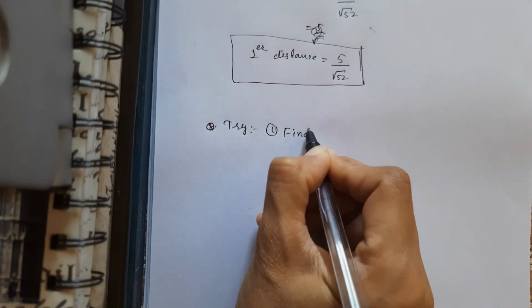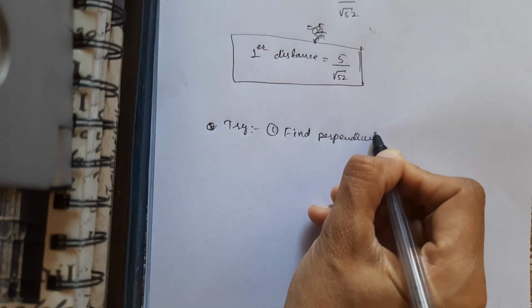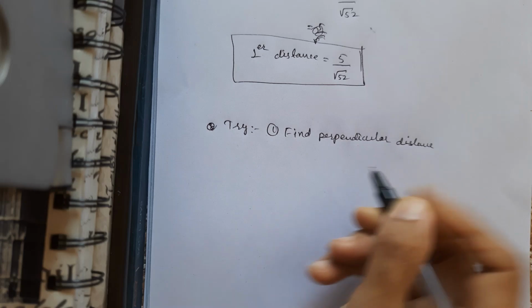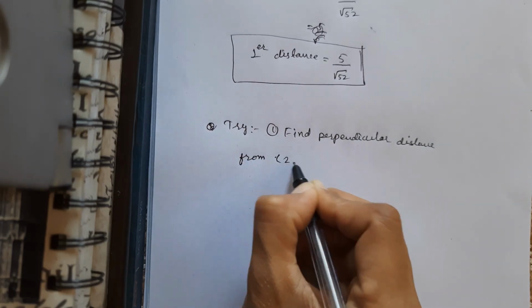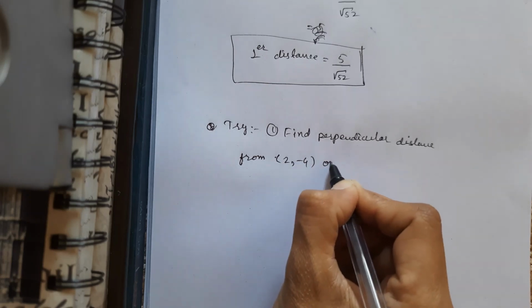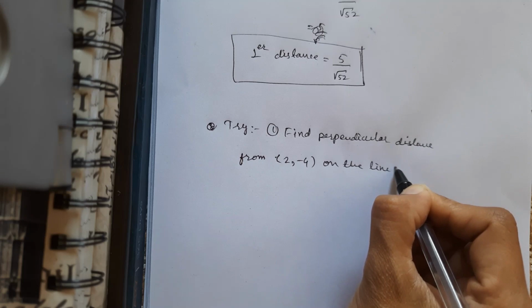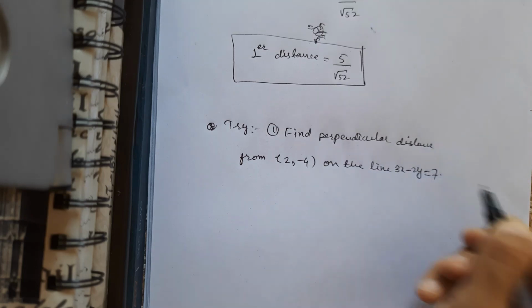Find the perpendicular distance from the point 2, minus 4 on the line 3x minus 2y equal to 7.